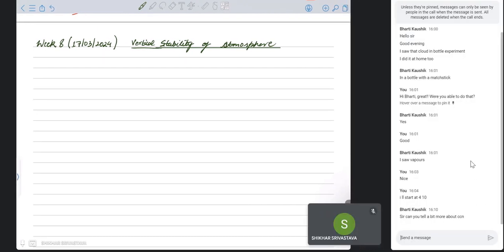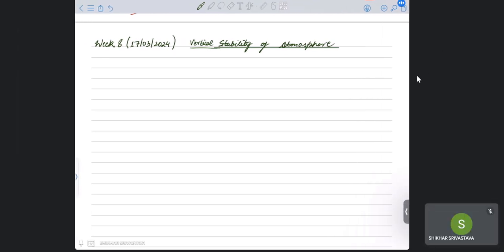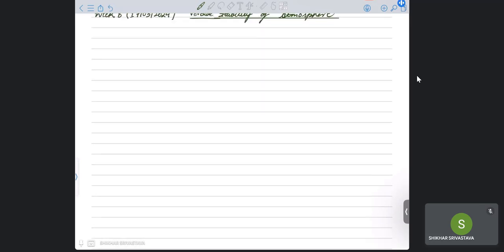No one from my college. Okay. Yeah, because in the starting class the strength was nice, but it has now completely reduced. It's okay. I think in the other class also the strength is not much. I have not attended the other class. Okay, great.